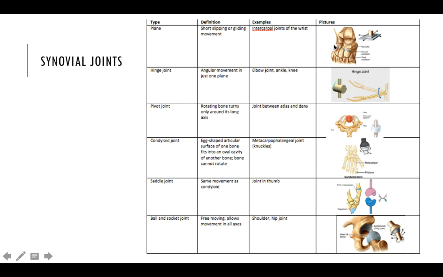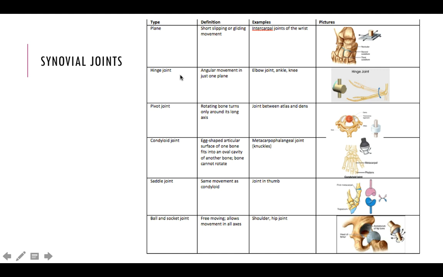Remember all those different bones we learned in our wrists, like silly lemurs try peanuts that they can't handle? That's what I'm talking about here. All of those, scaphoid, lunate, hamate, capitate, are going to be plane joints. They're able to slip by each other and glide against each other, but no drastic movement goes on there. So that's what it means by intercarpal joints.